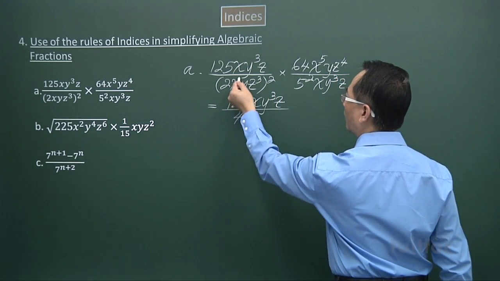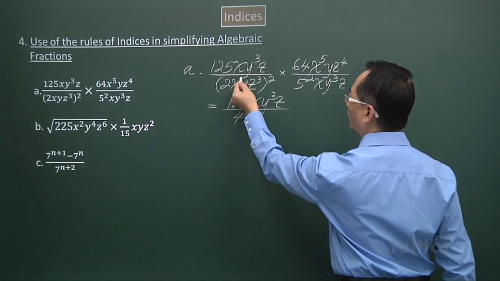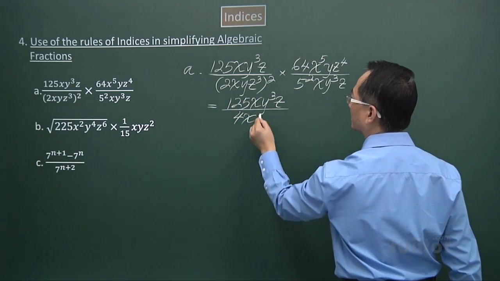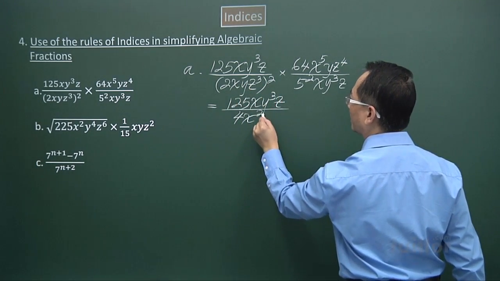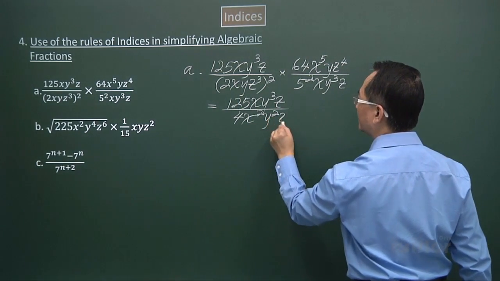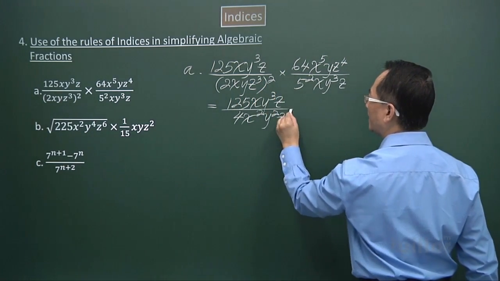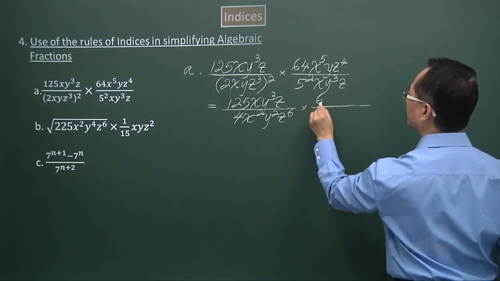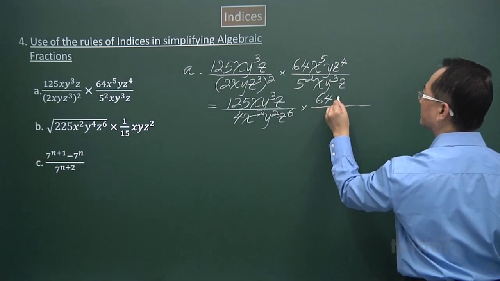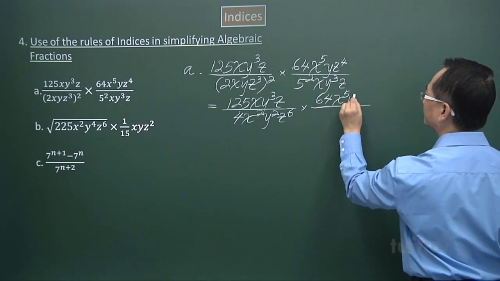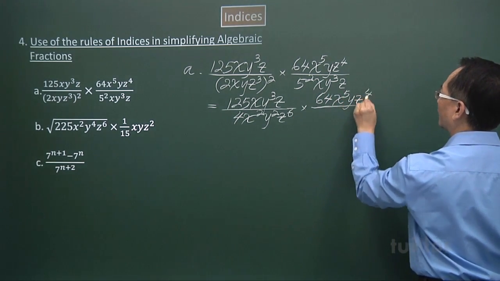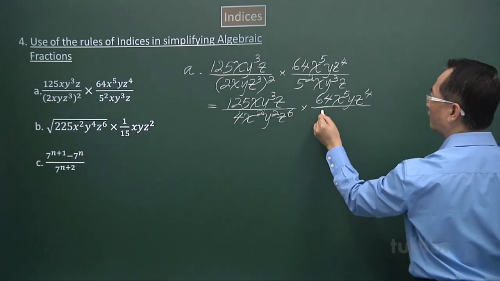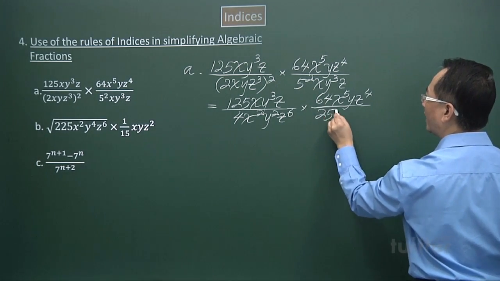Then I have 1 here, x to the power 1 squared, so x squared. Then y squared, then z, 2 times 3, 6. Over here, for the numerator, I have the same expression. For the denominator, I have 5 squared, so that it will be 25.